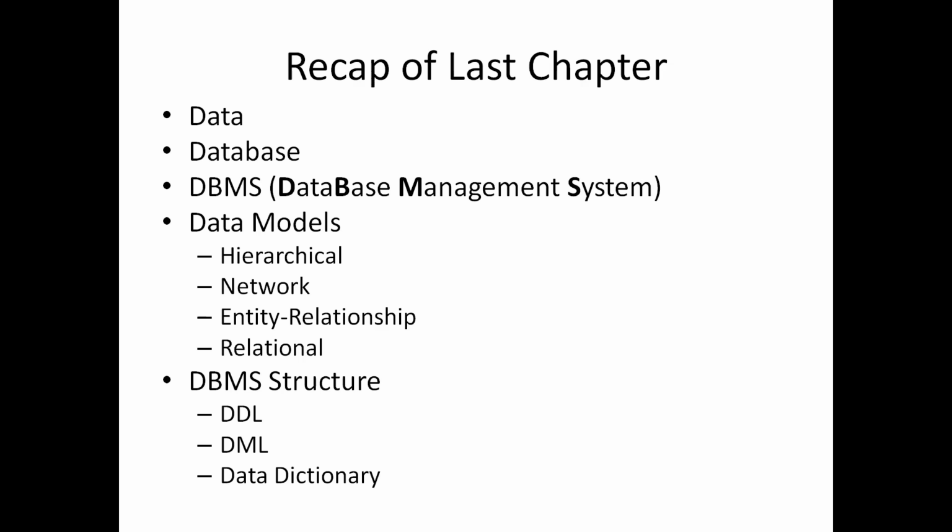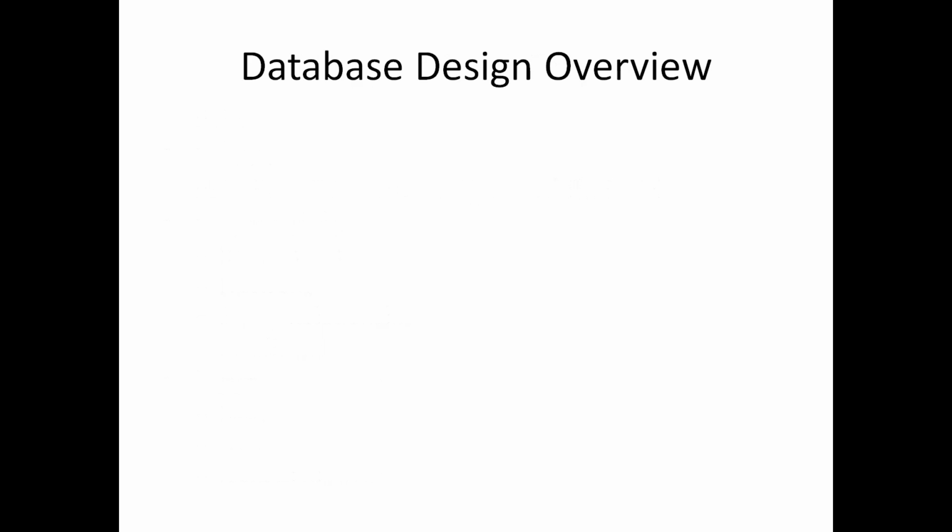Entity relationship is the topic of today's talk. We also talked about the DBMS structure, what is DDL (data definition language), data manipulation language, and what is a data dictionary. Based on this, we'll now move on to what are entity relationship diagrams, or what is really meant by entity relationship.